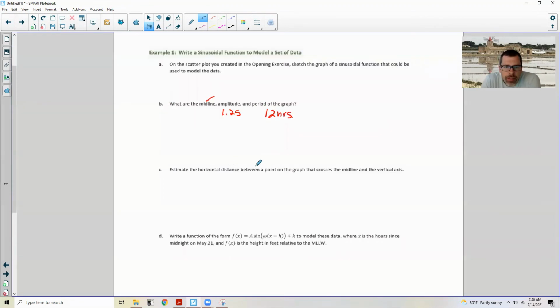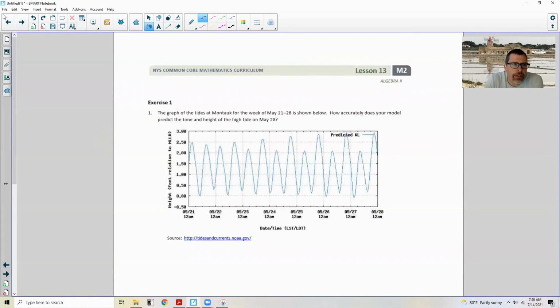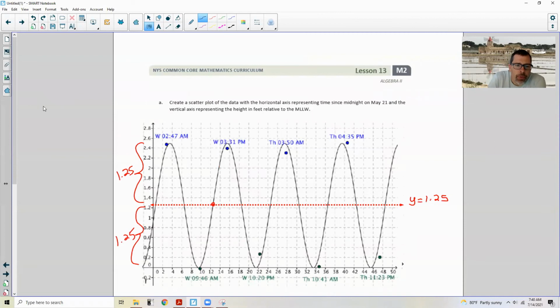Okay, part C, estimating the horizontal distance between a point on the graph that crosses the midline and the vertical axis. So what they're saying here is, the horizontal distance between a point on the graph that crosses the midline and the vertical axis.